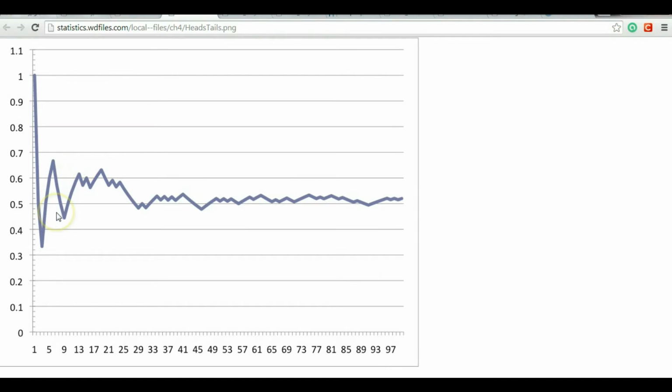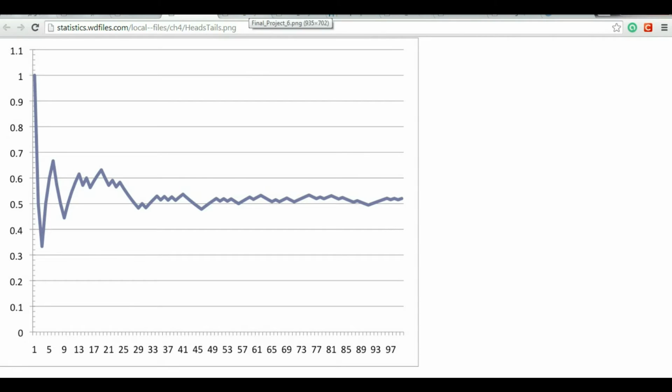And that's what happens when we flip the coin. We keep flipping the coin, keep flipping the coin, keep flipping the coin. Guess what? Heads comes up 50% of the time. You may flip the coin 5 times and get 5 heads in a row, but if you keep flipping the coin 500 times, it's going to wind up getting to its long-term frequency. And that's going to be at 50%.